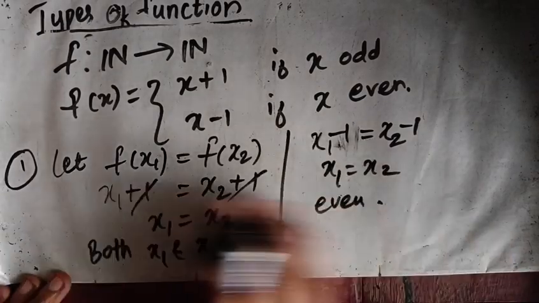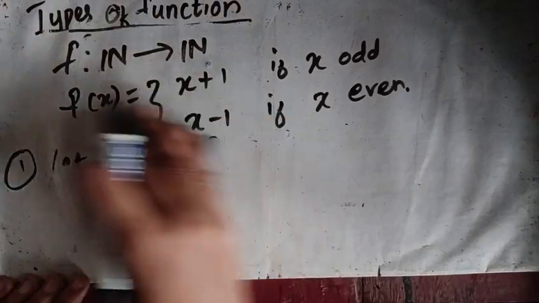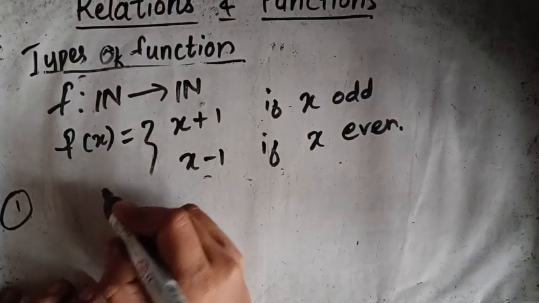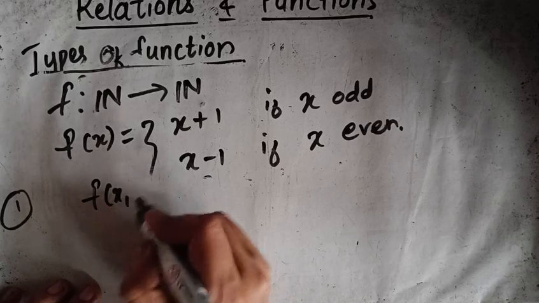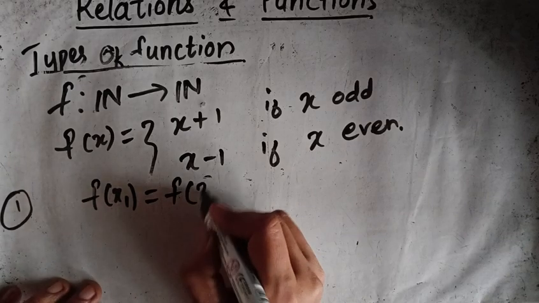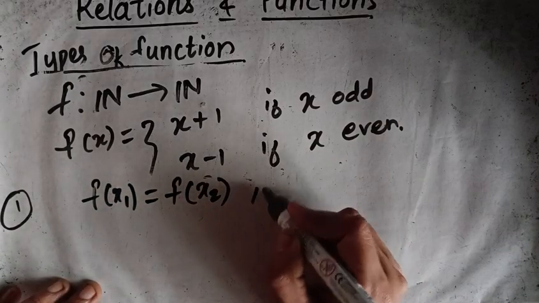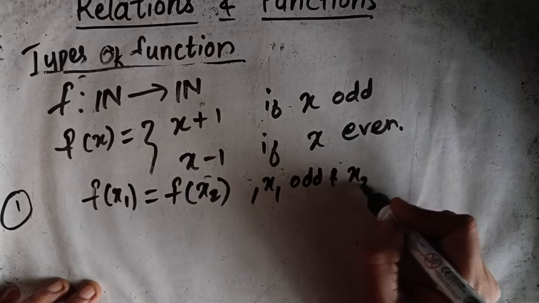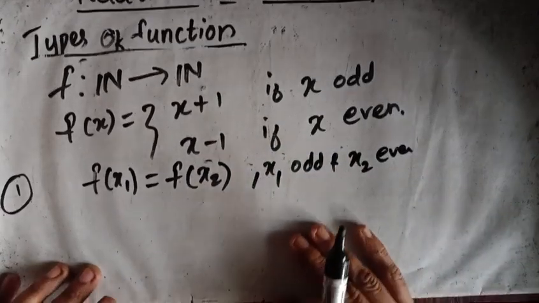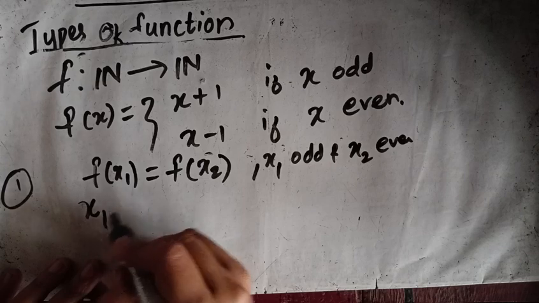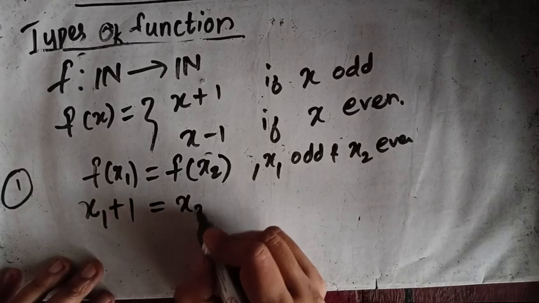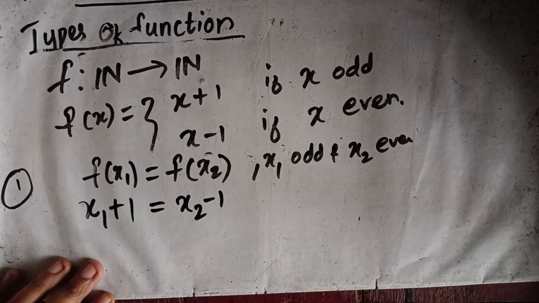Now if I take, suppose, f of x1 is equal to f of x2, where x1 is odd and x2 is even. Okay. Then I'll have to write x1 plus 1 equal to x2 minus 1.